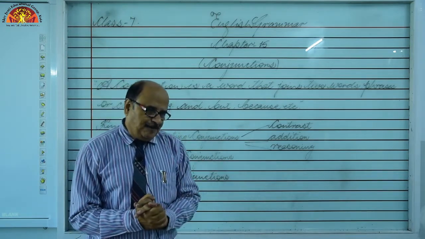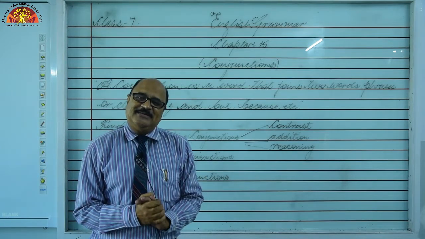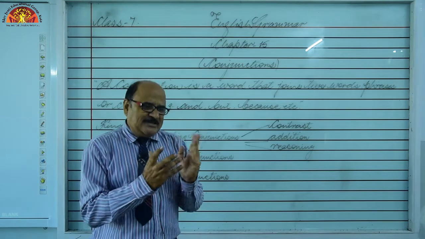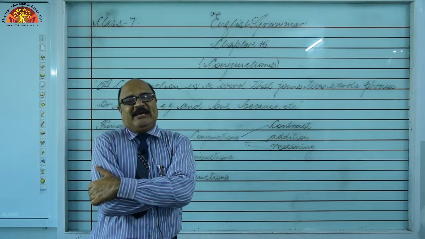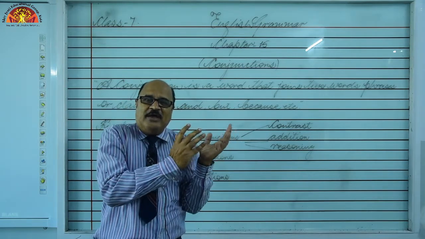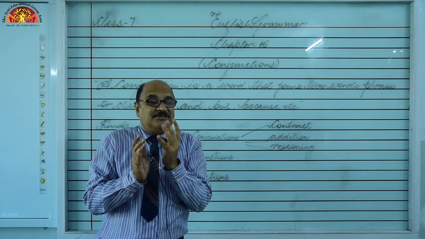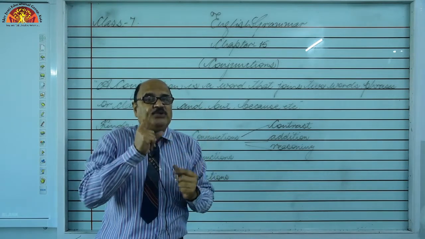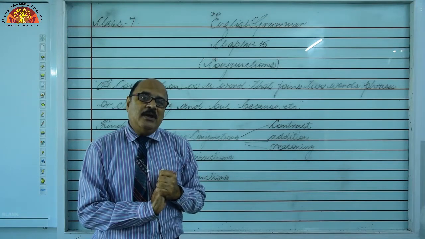Suppose I say Ram is a good boy, and the second sentence is Shyam is a good boy. I tell you to connect these two sentences, combine them into one. How will you?